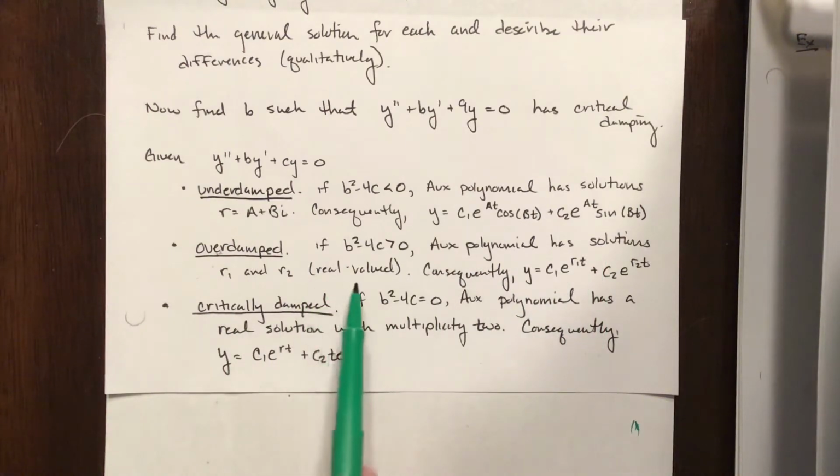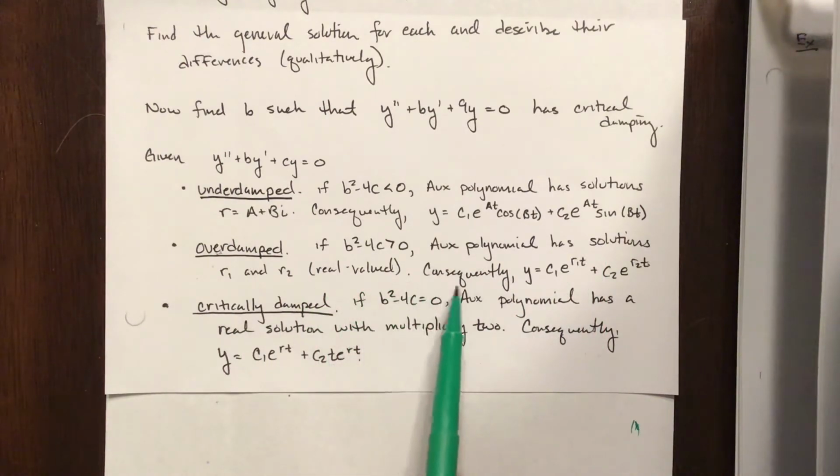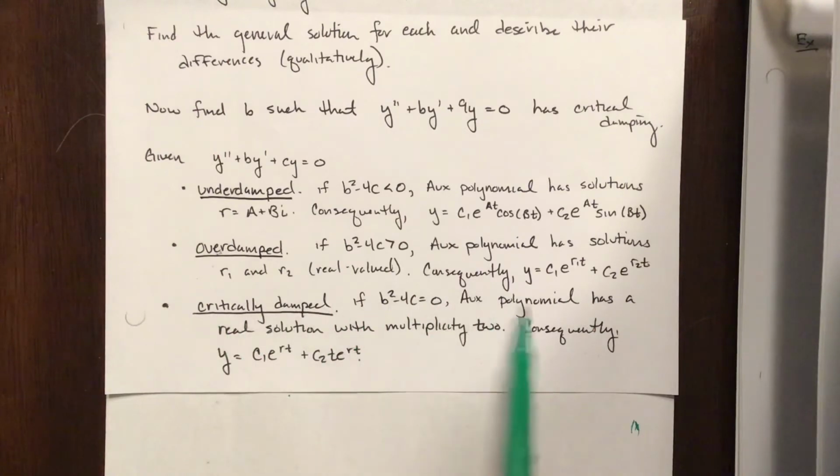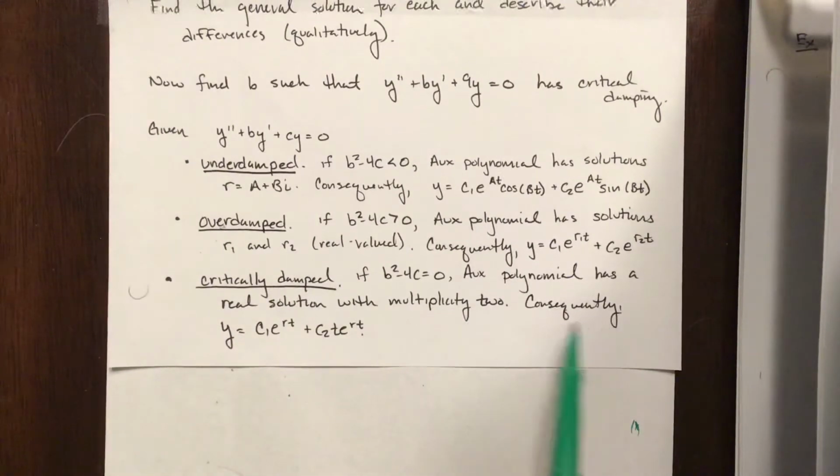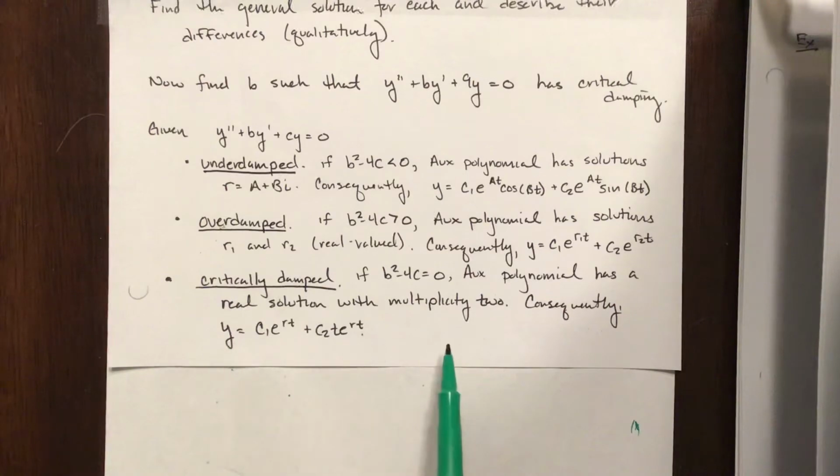Overdamping, b squared minus 4ac is greater than 0, so we have real roots, hence we have exponential terms. And critically damped, if b squared minus 4ac is equal to 0, then you have one real solution with multiplicity 2, consequently, your solution to the differential equation is going to look like that. All right.